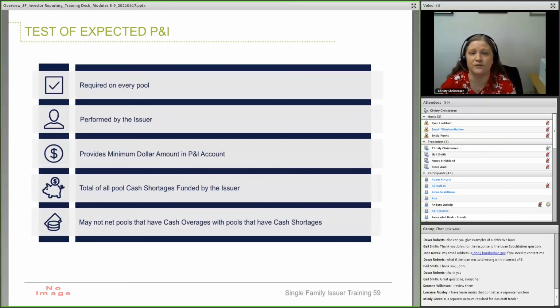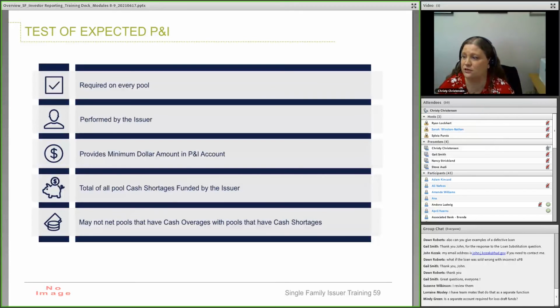A best practice would be to fund your P&I account for any positive differences in one transaction and retain the pool level documentation for audit purposes. Then withdraw funds from your P&I account for any negative differences in one transaction and retain the pool level documentation for audit purposes. Also, the test of expected calculation is only accurate if the pool to security recon is 0.